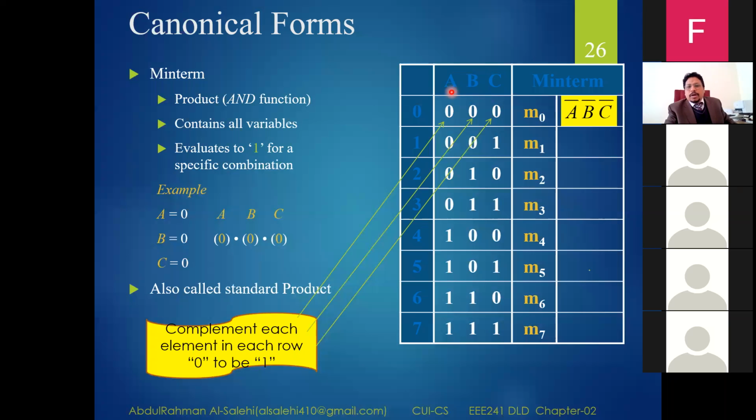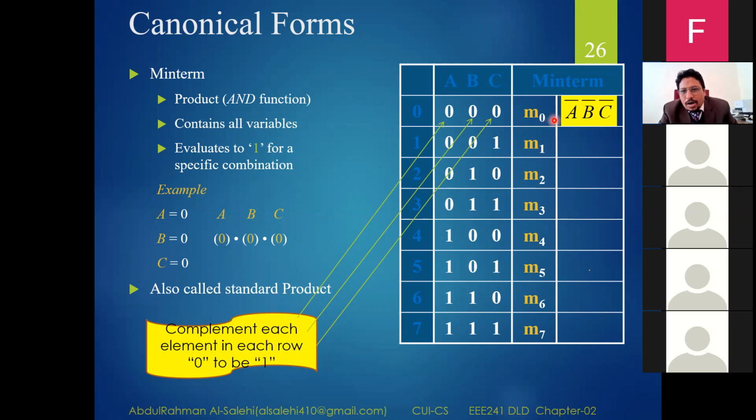So just take the complement of each of these numbers and get your value. For example, if your value is 1, it is 0 in the prime. Here, for example, A is equal to 0. What will be the result then? You will take the prime or the complement for that. B, again, you will take the complement. C, you will take the complement.